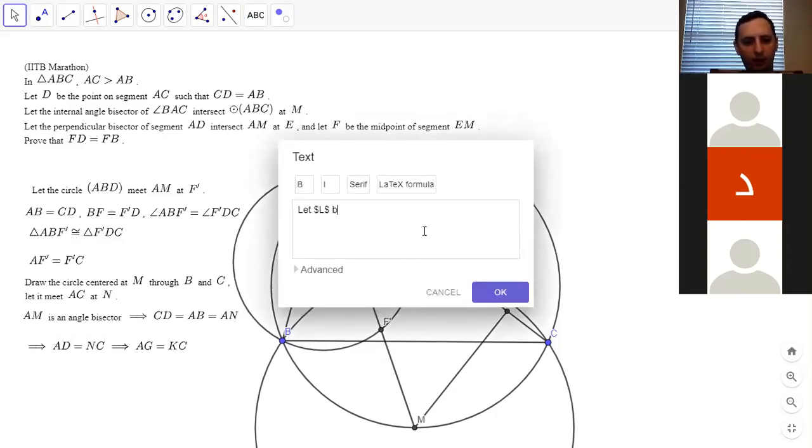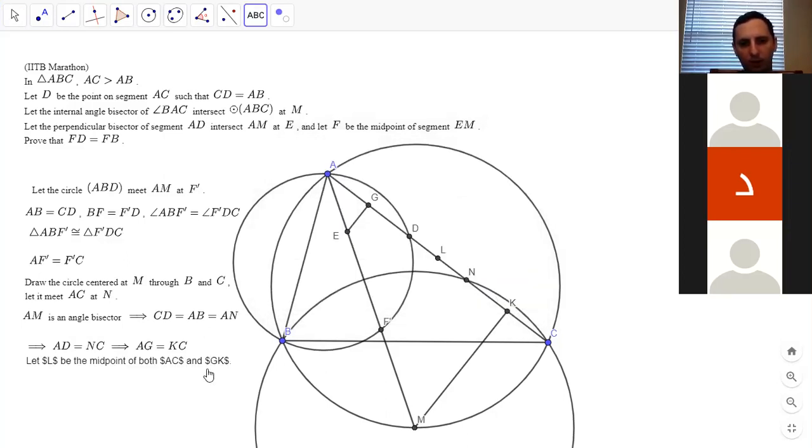Yeah. So let L be the midpoint of both AC and I think it was GK.